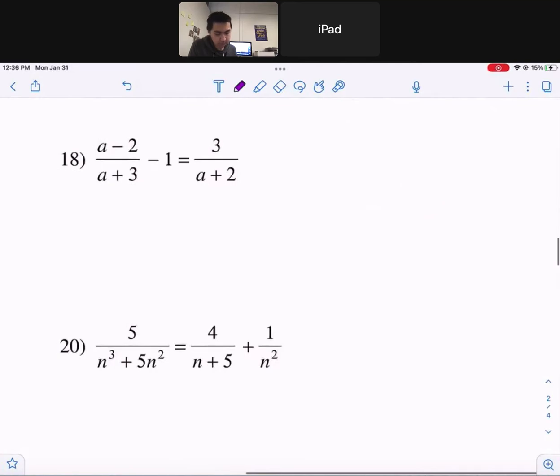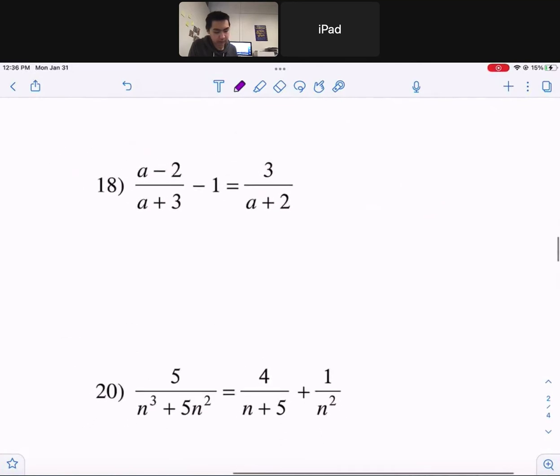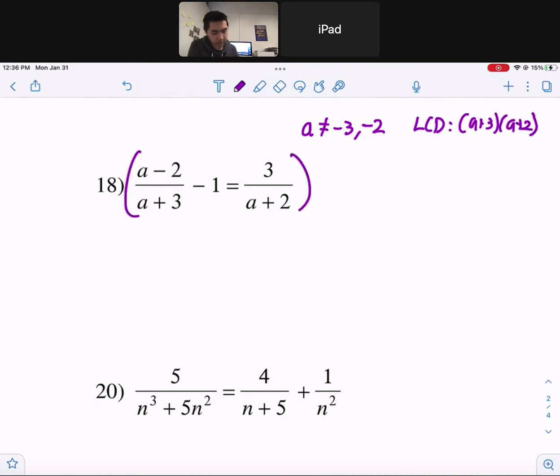Skip 16. Okay, 18. So a can't be negative 3 and it can't be negative 2. If that's the case, we got the LCD is a plus 3 times a plus 2. So we're going to multiply that by the LCD.